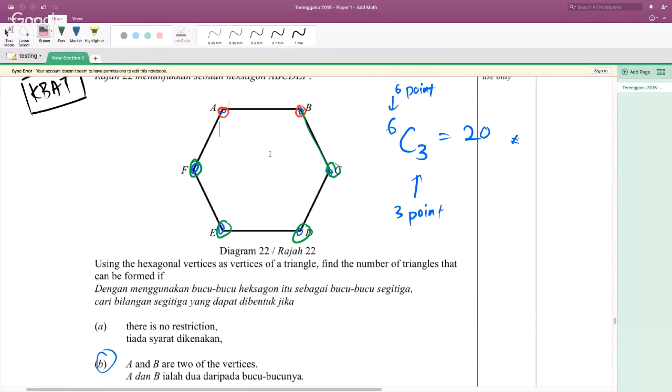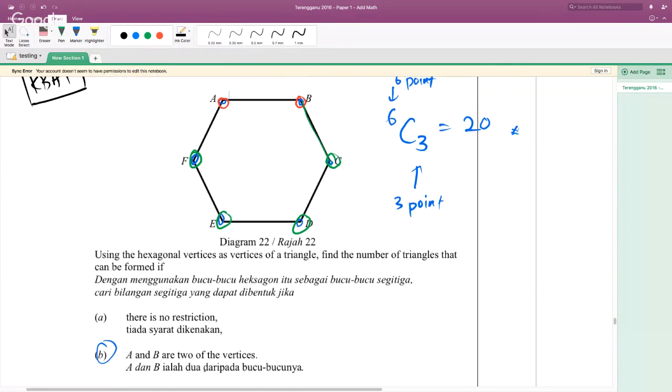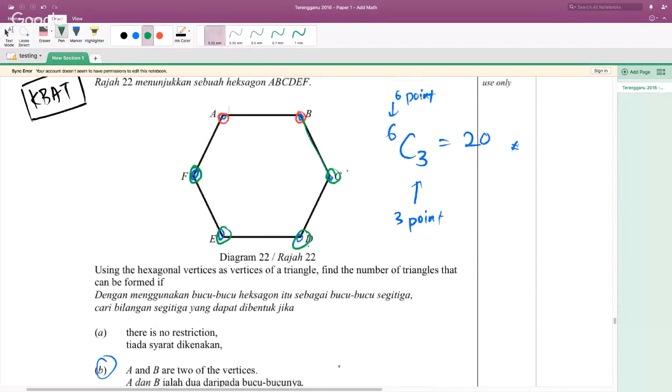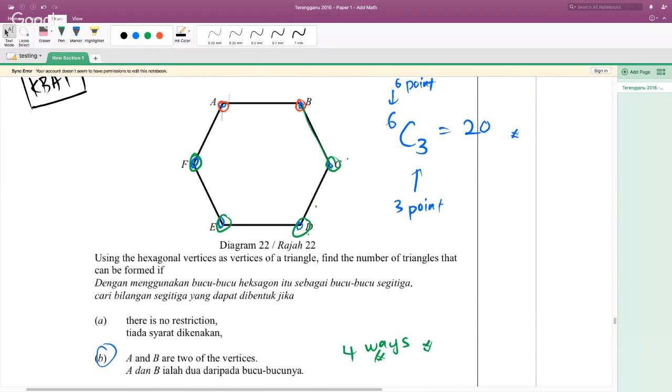Isn't it? So they say A and B are two vertices, and then they ask you to find the number of triangles you can form. So only 1, 2, 3, 4. So the answer is just 4 ways. There are 4 triangles you can form, because there's no other way, since 2 points are already fixed. So the last point must be F, E, D, or C. So you can only use 4 of these. So the answer for B is just 4. Okay, so A is just 20.